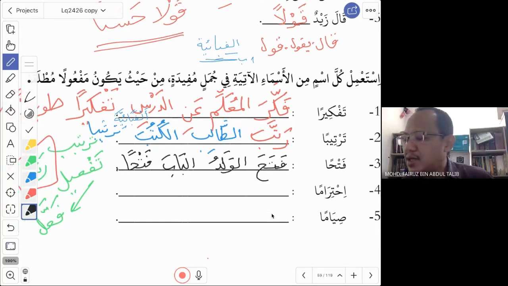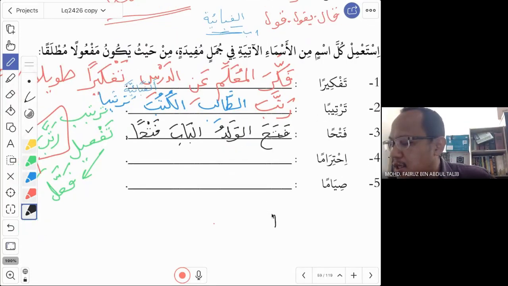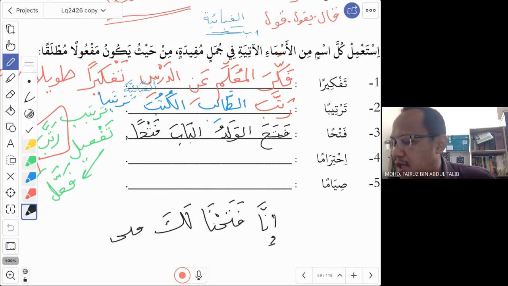In the Quran, Allah said, Inna fatahna laka fathan mubina. So here the word fataha is open, but the meaning is a bit different.